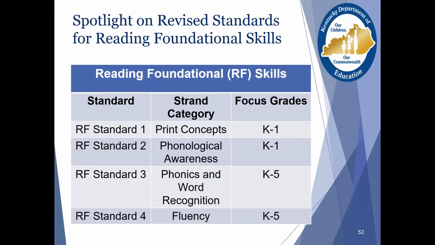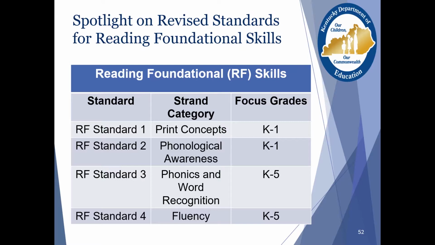When we think about print concepts and phonological awareness, they are definitely the major focus for kindergarten and first grade. And again, phonics and word recognition and fluency begin in kindergarten, but they also need to carry all the way through grade 5. One thing I want you to remember is that though some of these strand categories are not formally included in a grade level, it's imperative that teachers understand the progression.